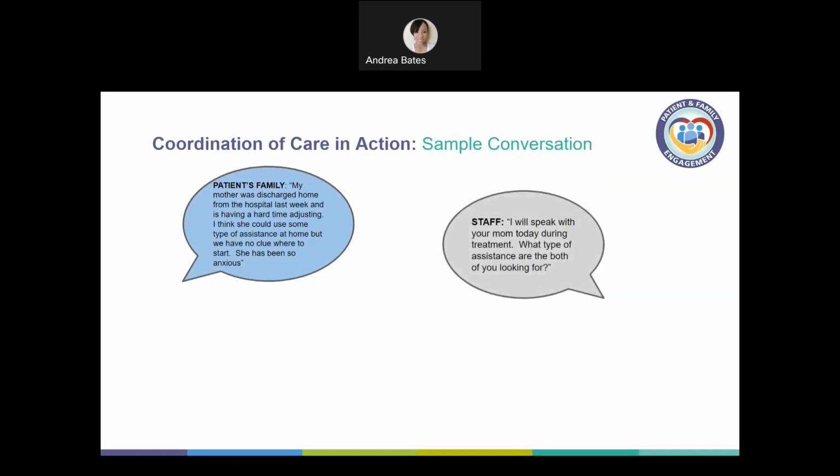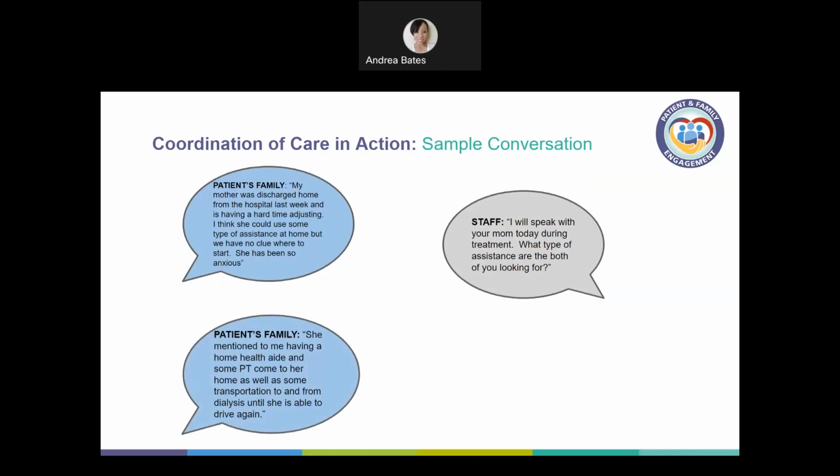So the staff, which could be anyone, the social worker, the nurse, will say, "I will speak with your mom today during treatment. What type of assistance are the both of you looking for?" She, being the patient, says, "She mentioned to me having a home health aide and some PT come to her home as well as some transportation to and from dialysis until she is able to drive again."